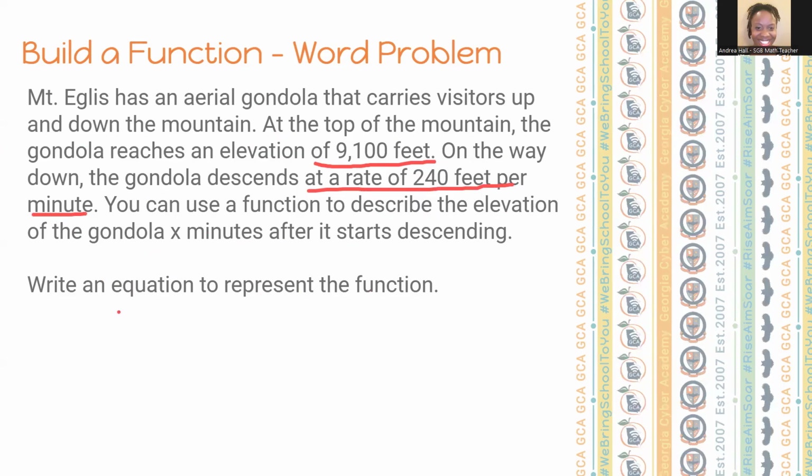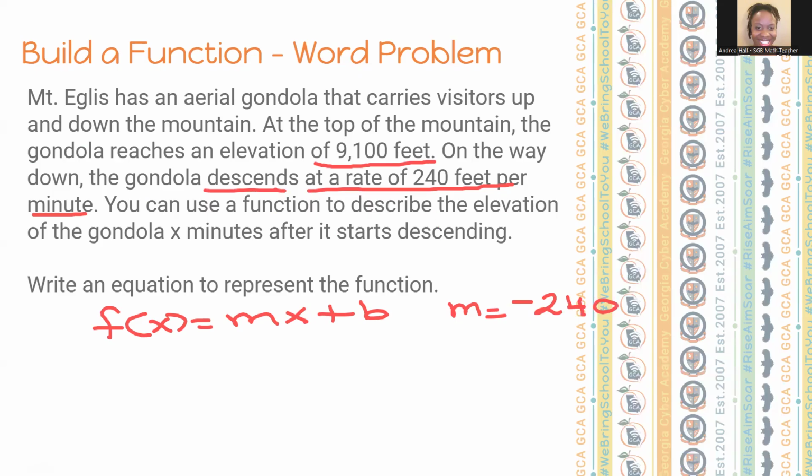So for the function notation, this is a linear function, f of x equals mx plus b. What we need to know is the slope, and it's descending, so it's going to be minus 240 feet per minute, because it says descends at a rate. Whenever I see that rate, I know that's my slope.